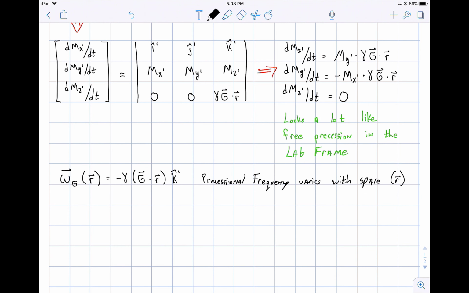That's important because it tells us that we can change the Larmor frequency, the frequency of precession, by turning on a gradient. We turn on a gradient and the frequencies are different everywhere.